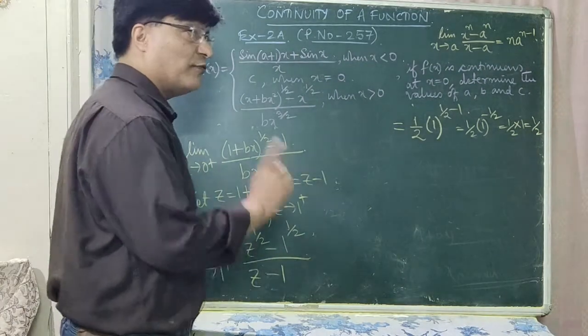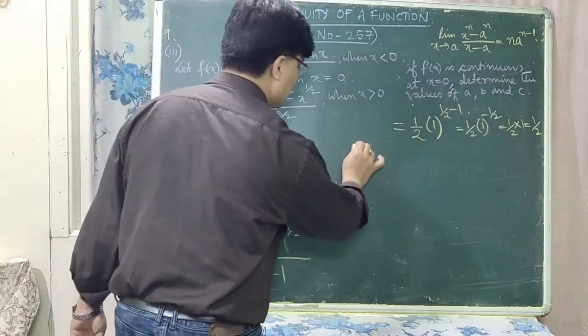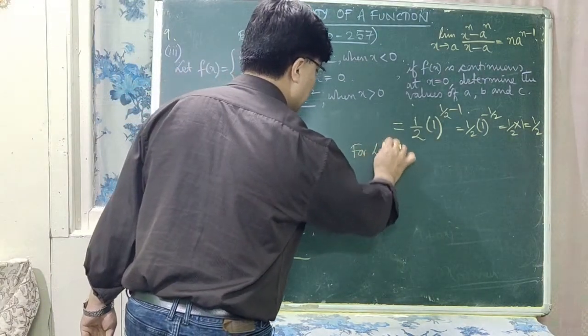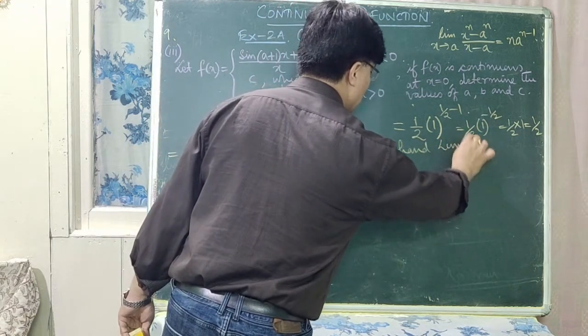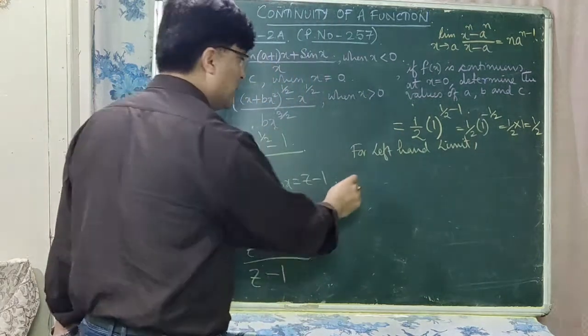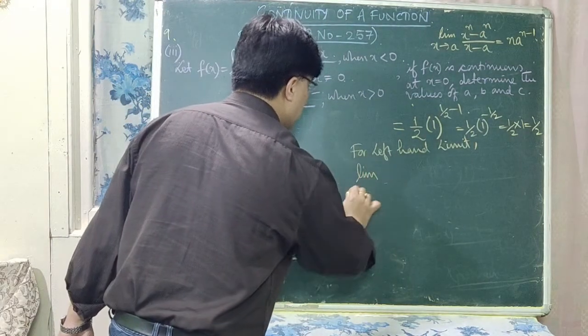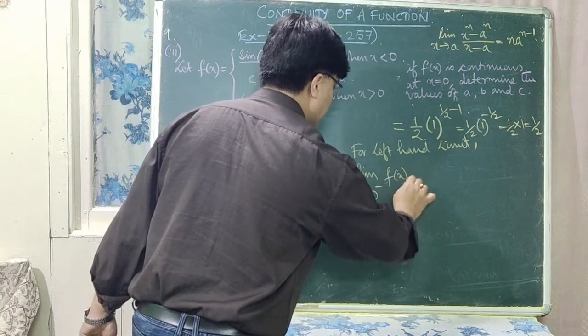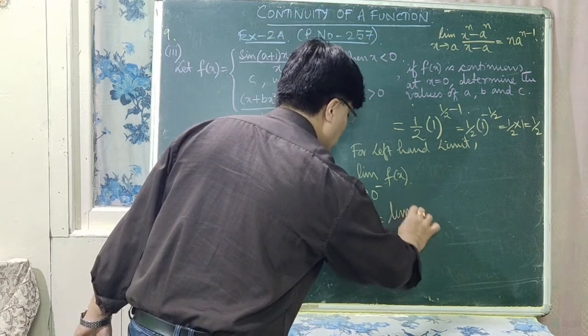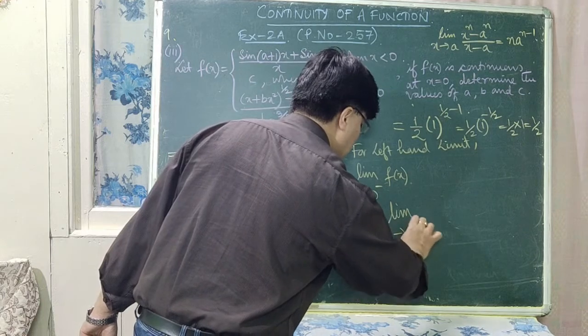So I think you have understood it. So let us write down the left hand limit now. Let us find out the left hand limit. For left hand limit, how can you write it down? Limit x tends to 0 minus f of x, which is equal to limit x tends to 0 minus.